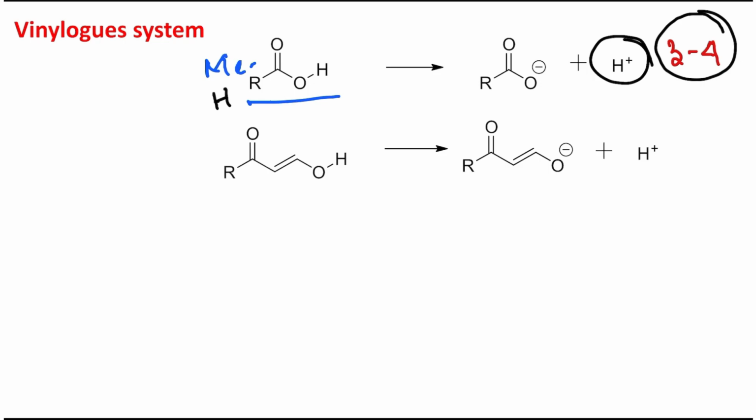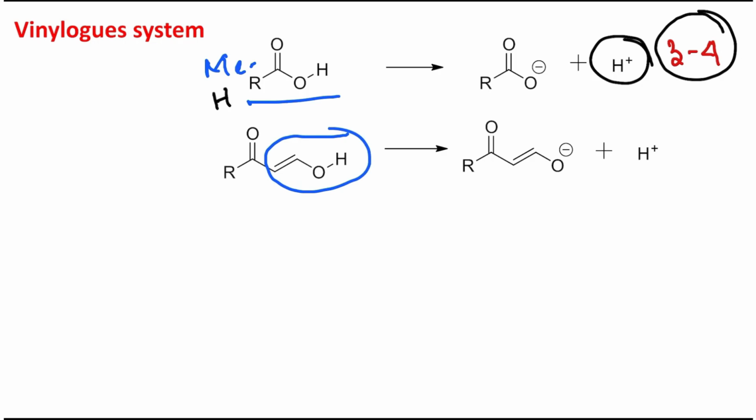What is the vinylogous counterpart of this carboxylic acid, or formic acid? It is this one. What is the difference? In between this carbonyl and oxygen there is one double bond, more specifically a carbon-carbon double bond. If you look at this molecule from a slightly different angle, you can say that this is an enol. It's true that this is an enol.